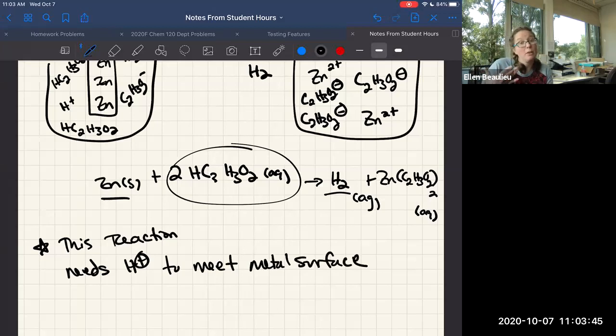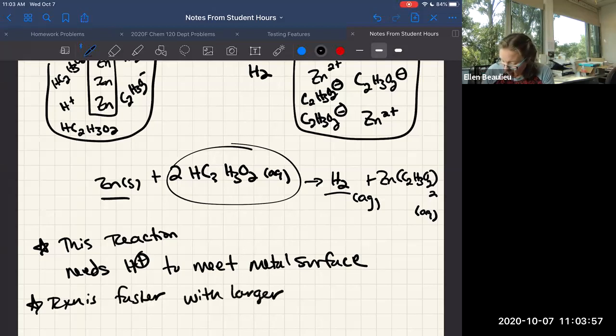Or you need those ions. I was looking for some description of the fact that the reaction is faster with the larger amount of H plus ions.